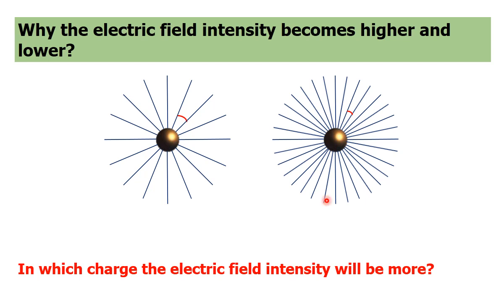In the second charge, the gap of the electric line of force is less. That means there the concentration of electric lines of force is more. So here electric intensity is also more. And in the first charge, the concentration of electric line of force is less. So here electric intensity will be less. Hope you have understood.